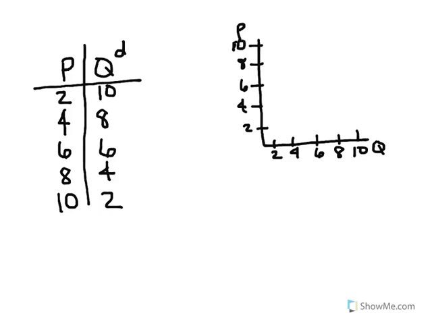All right, so again, I can take that data and now plot my demand curve for the good. Connect those dots. And again, that is now the demand for the good.